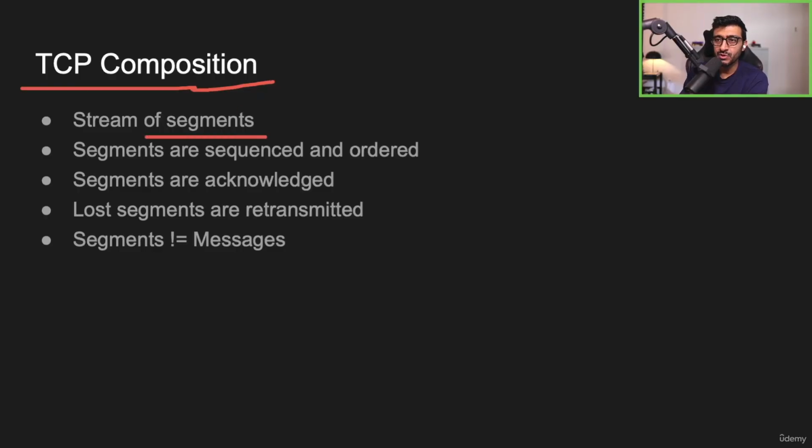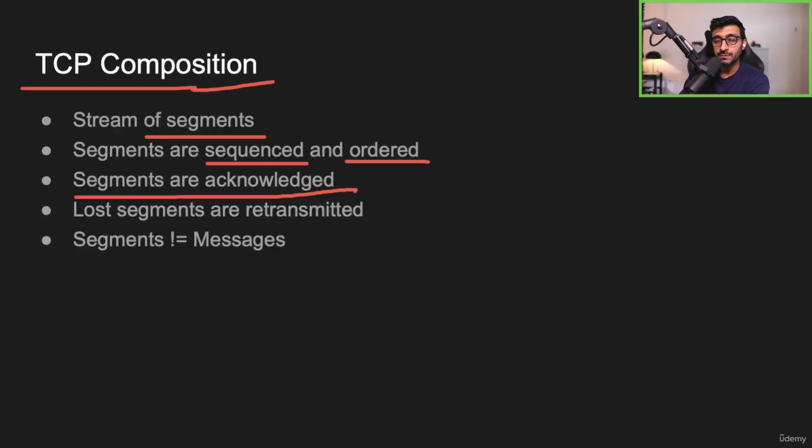We have this beautiful thing that's called segments, TCP segments. And these are sequenced and ordered, right? And if they happen to be unordered while we transfer them, the receiving side will take care of the ordering of these segments. So there is cost to ordering, of course, right? And here's another thing I didn't mention.